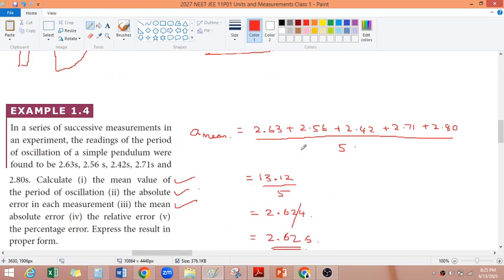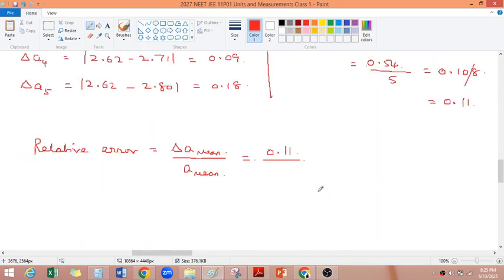The true value of the measurement is 2.62, or the mean value. So 2.62. That means how much will you get here? 0.11 divided by 2.62 is 0.04. Okay. And if I round it off, I'll get 0.04. So the relative error is 0.04.